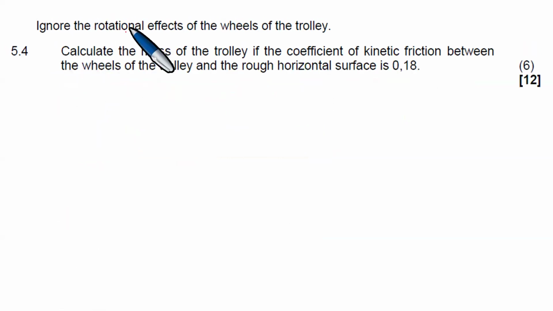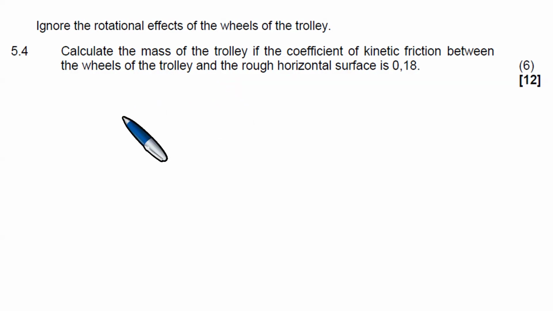Right, so now ignoring the rotational effects of the wheels of the trolley, calculate the mass of the trolley if the coefficient of kinetic friction between the wheels of the trolley and the rough horizontal surface is 0.18. Now let's just look at 5.4. I want us to look at this very carefully.